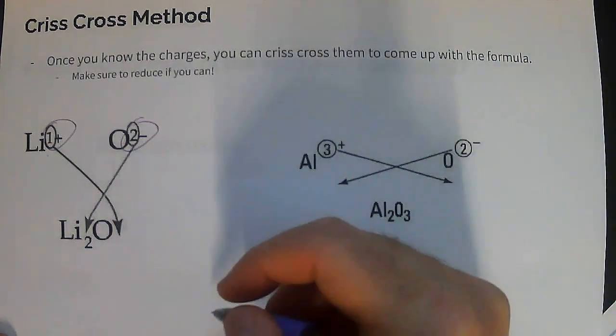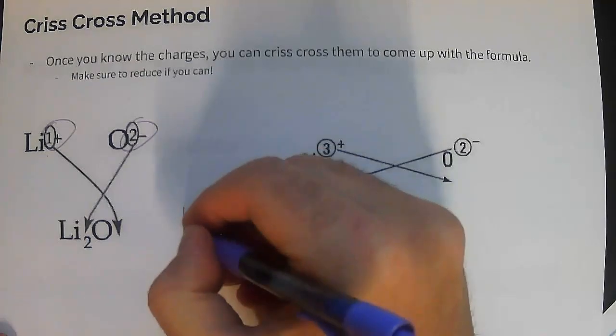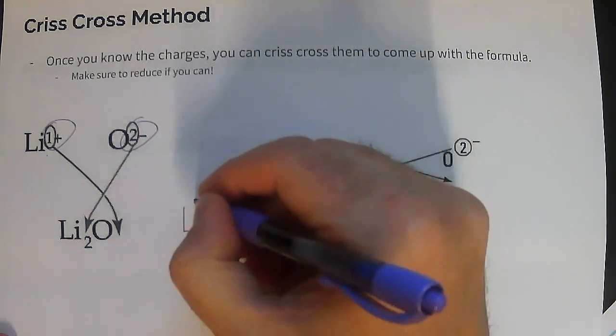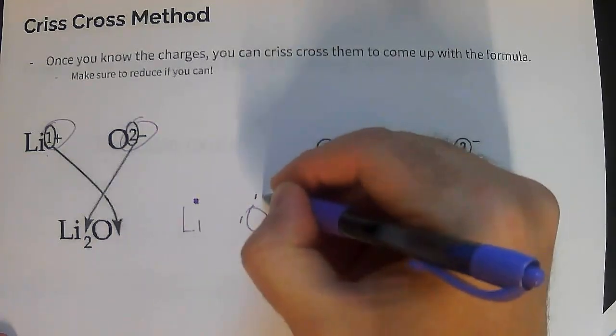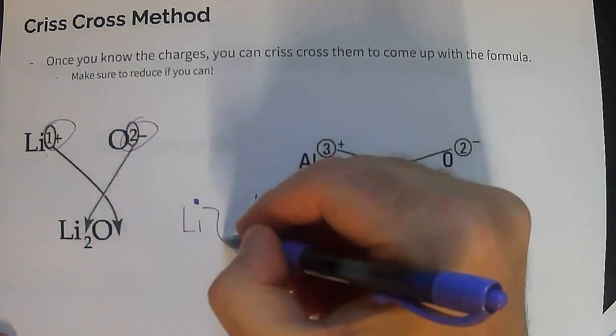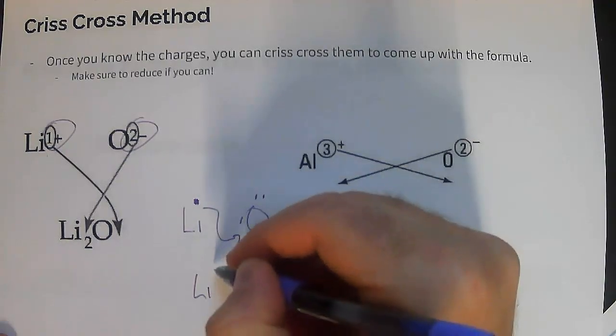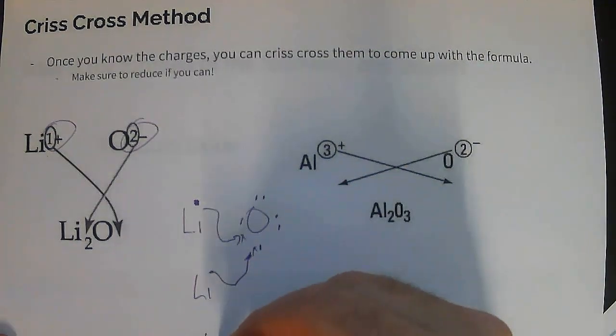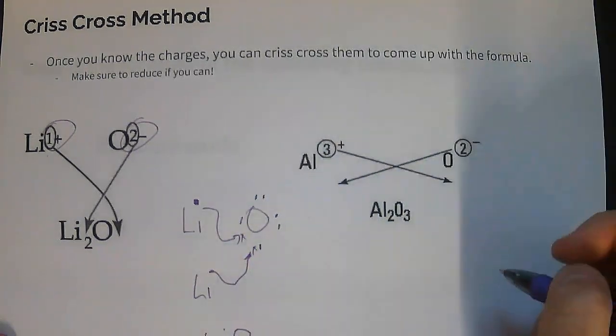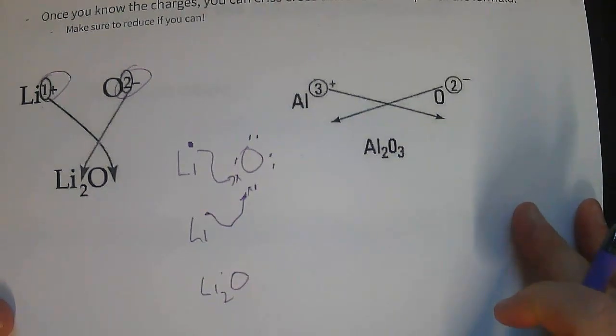We don't have to necessarily go into the Lewis symbol, okay? So Li and then O, like this, and another Li comes in here, and we get Li2O. We don't have to do that.